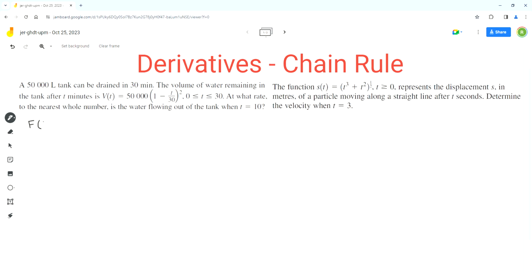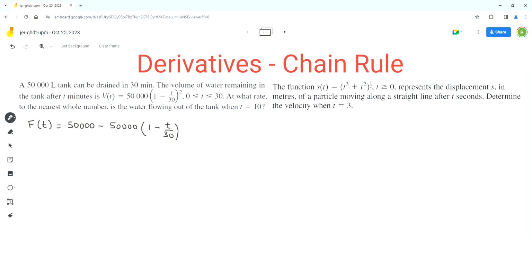F(t) equals 50,000, so that's the capacity of the tank, minus the amount of water that remained in the tank after t minutes. So 50,000(1 - t/30)^2.